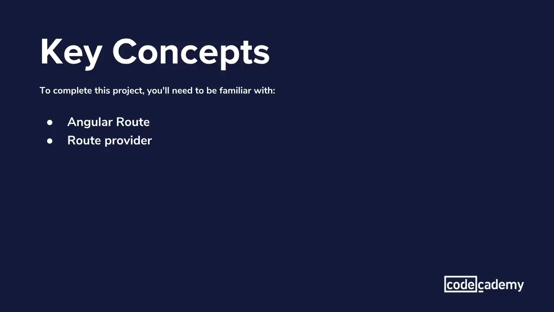Now, the route provider allows us to configure our app so that based on what URL we visit, we see a particular view, and that view is connected to a particular controller. One good example I can think of right now, and also very similar to what we're actually going to be building out, is Gmail. When you click on a particular email in Gmail, you'll notice that the URL changes.